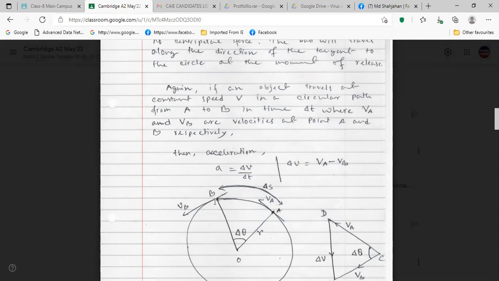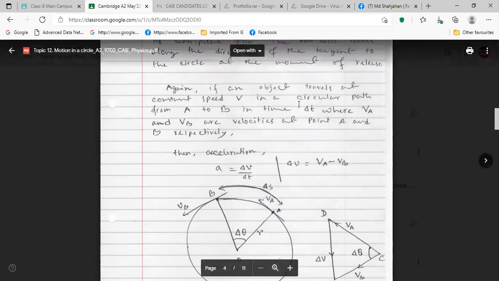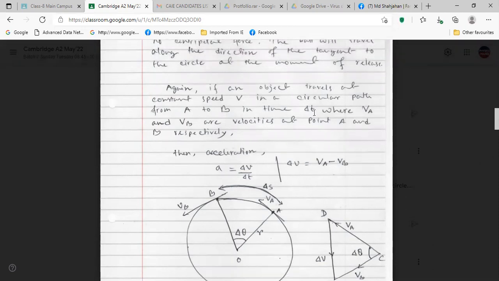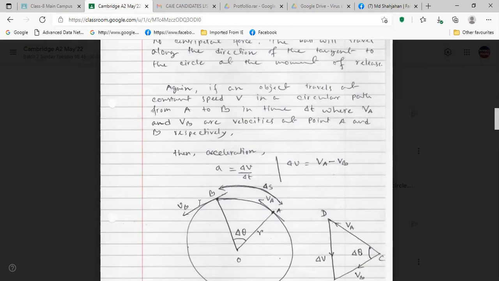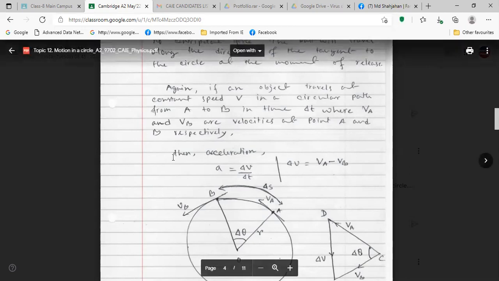That one we are saying del t. Del indicates very small time. Del t, where VA and VB are velocities at point A and B respectively. So VA and VB are two values of velocities at A and B.